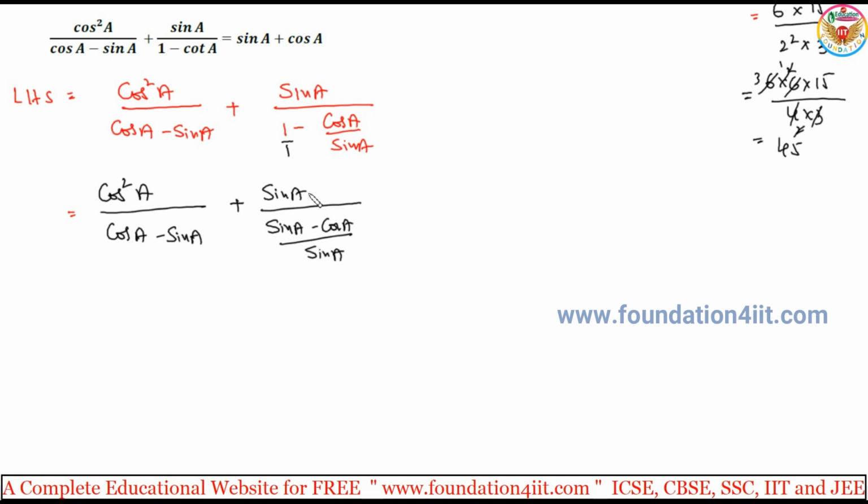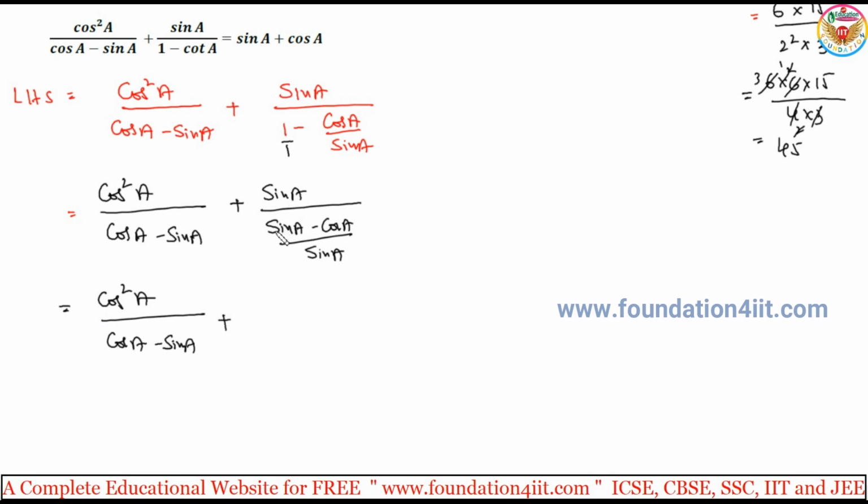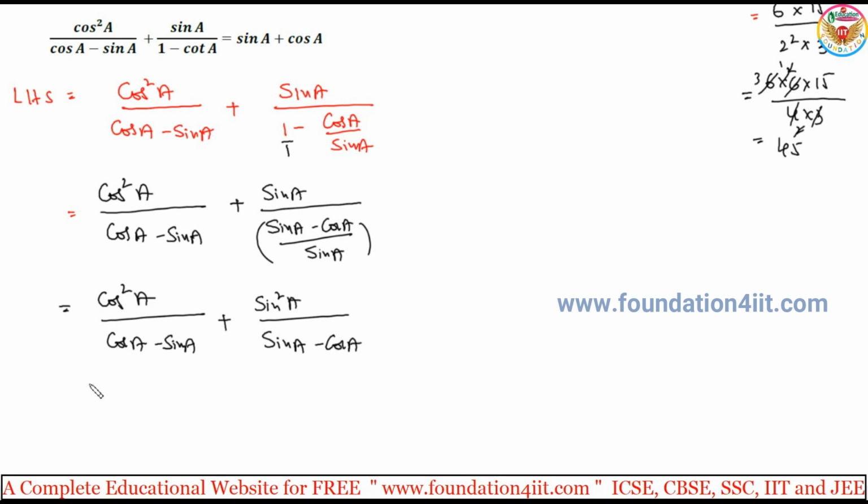Next, you can take the reciprocal. Then it becomes cos square a by cos a minus sin a plus, since sin is already there, sin square a by sin a minus cos a. Now the denominators are not the same.